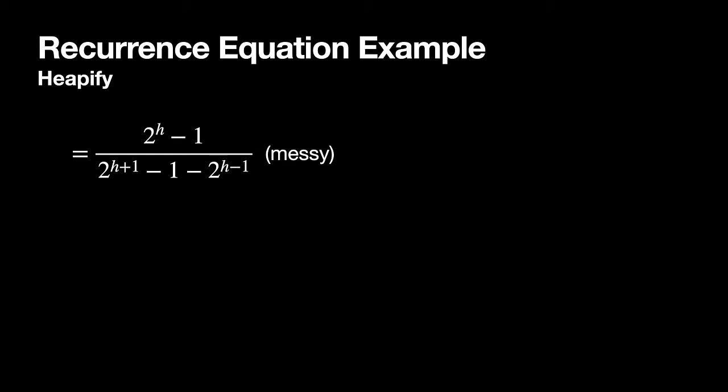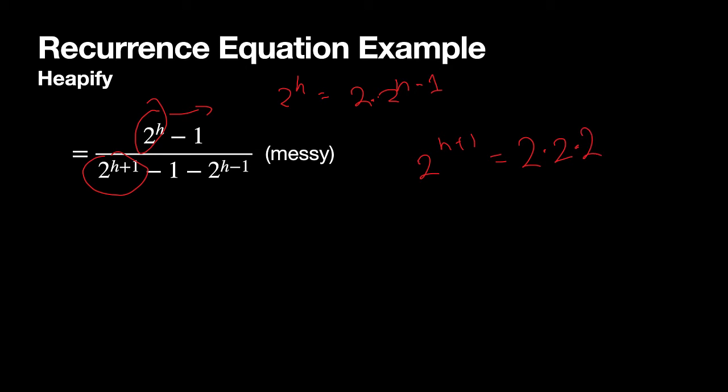Okay, so thinking about the numerator here, we can express 2 to the h as being 2 times 2 to the h minus 1. Okay. And we can do a similar sort of trick with the denominator. 2 to the h plus 1 we can express as 2 times 2 times 2 to the h minus 1.